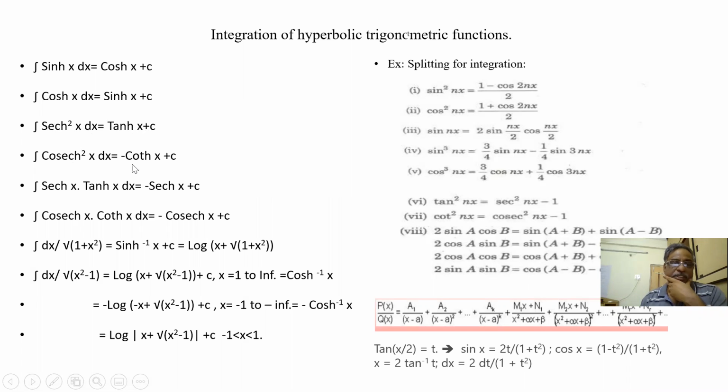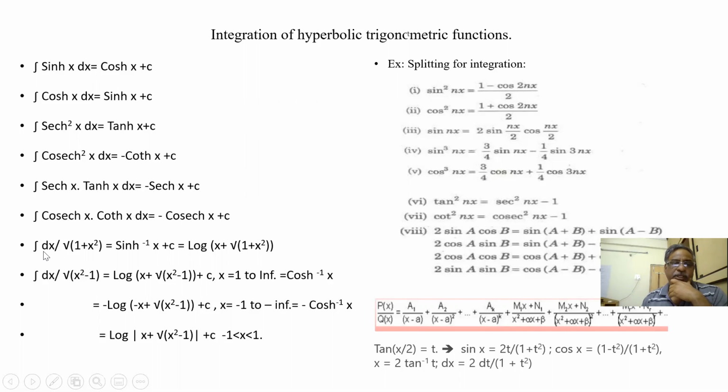Integral cosech square x is minus coth x plus c. Integral sech x tanh x is minus sech x plus c. Integral cosech x coth x dx is equal to minus cosech x plus c. So these are the hyperbolic integrations.